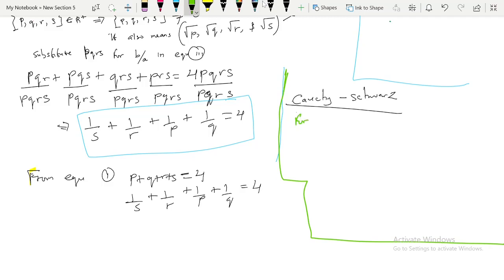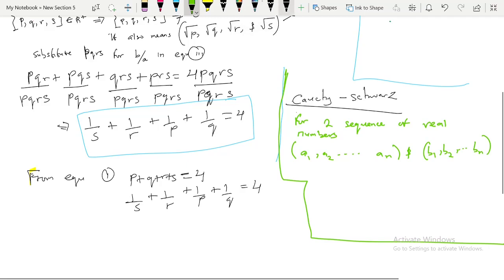for two sequences of real numbers, a1, a2, up to an, this is one sequence, and b1, b2, up to bn. On those sequences, we have this inequality to be true.